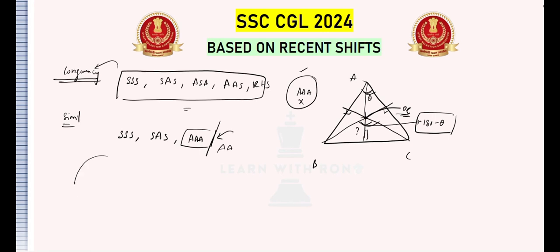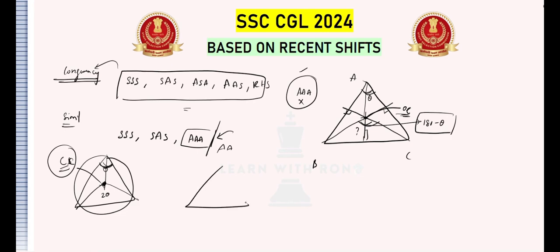In the circumcenter case, if this is a triangle and this is a circle, and this is the circumcenter, then if this is theta, this is 2 theta. Remember this in the circumcircle. And the incenter is the point of intersection of angular bisectors.